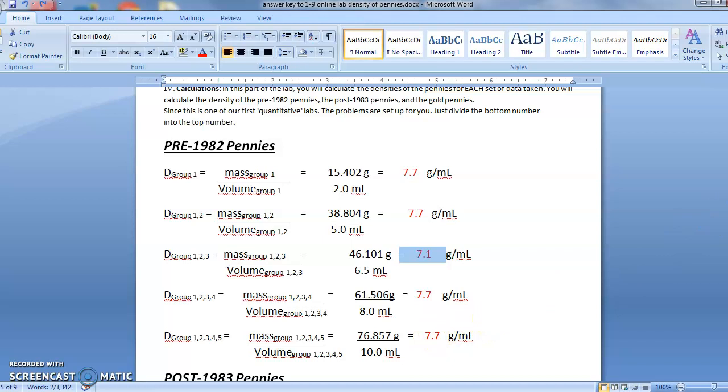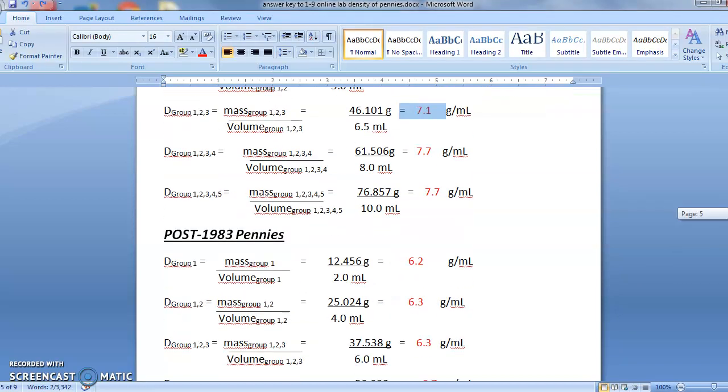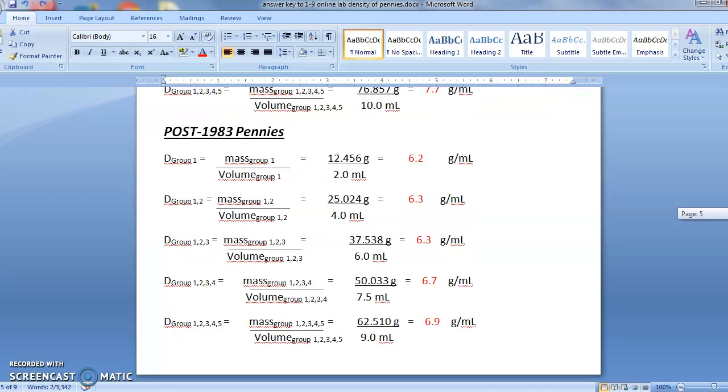So the densities here seem to be almost a whole gram per milliliter apart. Somewhere around a gram per milliliter apart. Maybe even a little bit more. And that leads us to believe, even with the difficulty of reading the volume, misreadings might make a 0.5, 0.6, 0.7 change, maybe a little more in these density numbers, but it's not going to bring these 6.2s up to 7.7s.